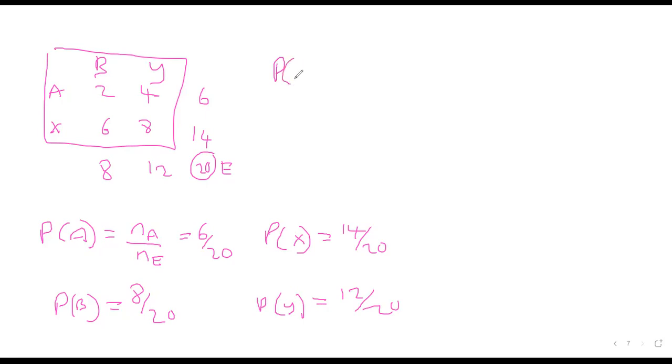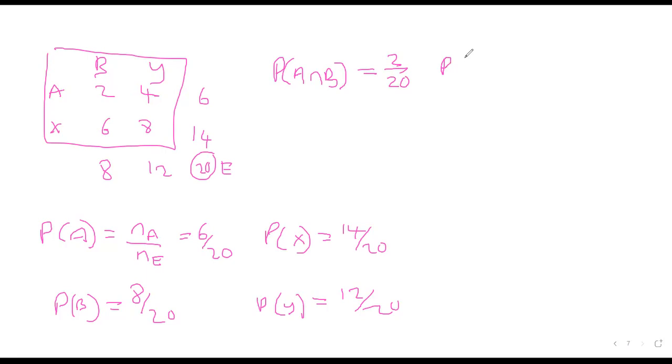Then what is A intersection B? For intersection, you convert this intersection to a plus. The shortcut is where they meet, A and B. Where do they meet? At 2. A and B meet at 2, but over the grand total, which is 20.